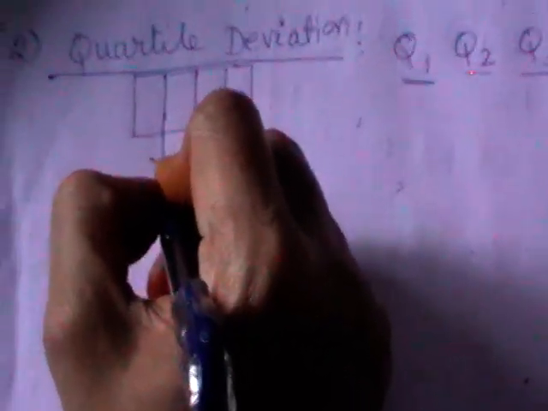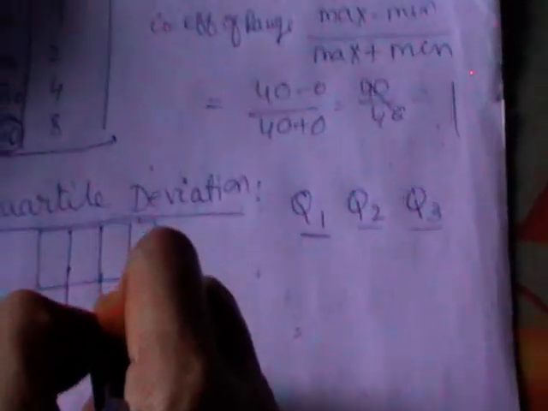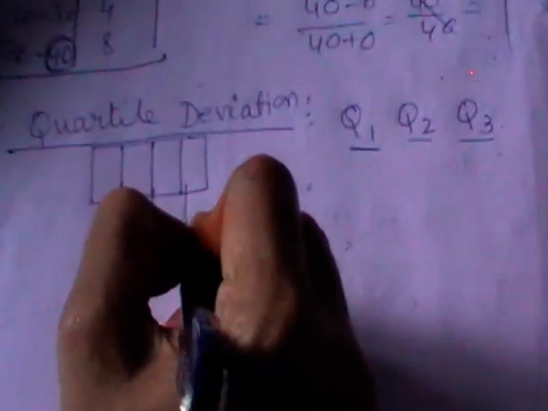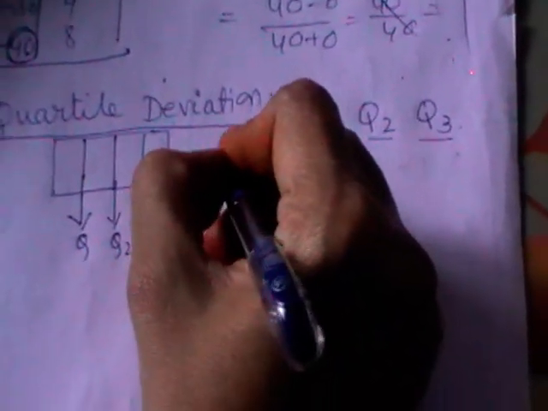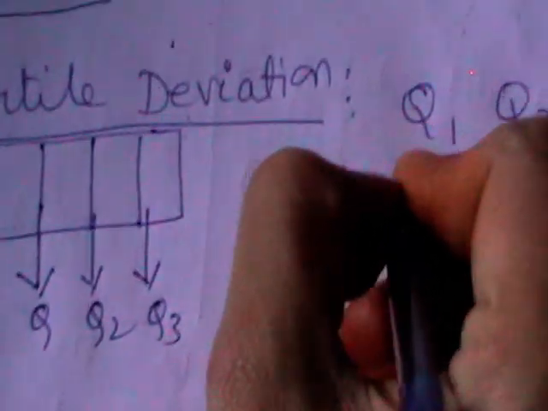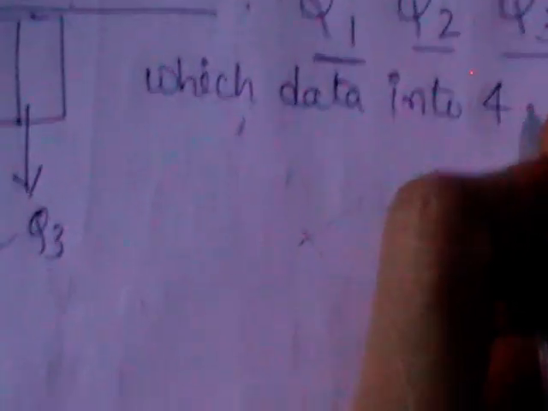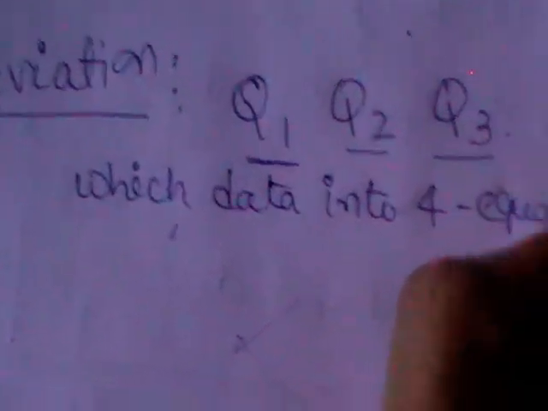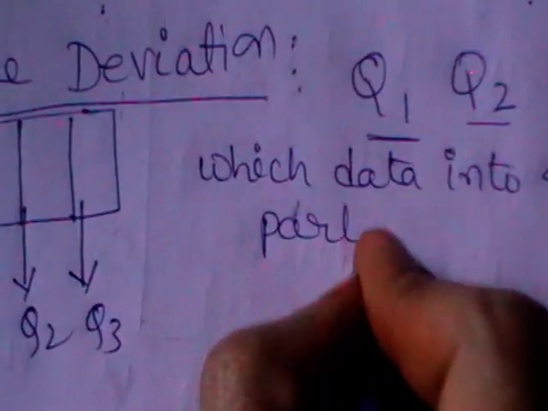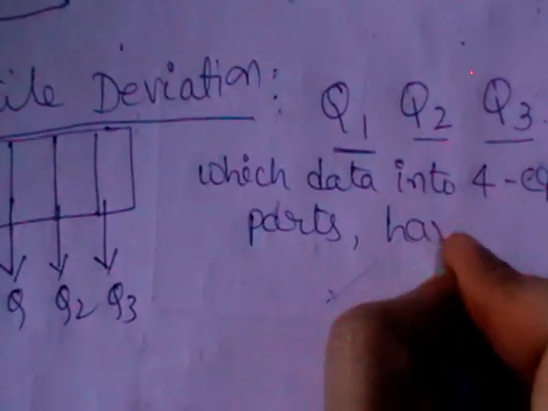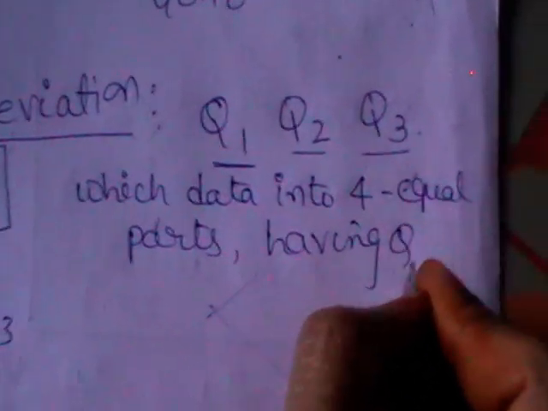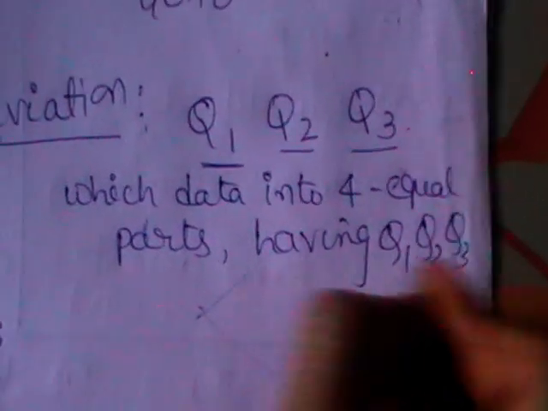We call them Q1, Q2 and Q3. So there are 3 quartiles, denoted Q1, Q2, Q3.